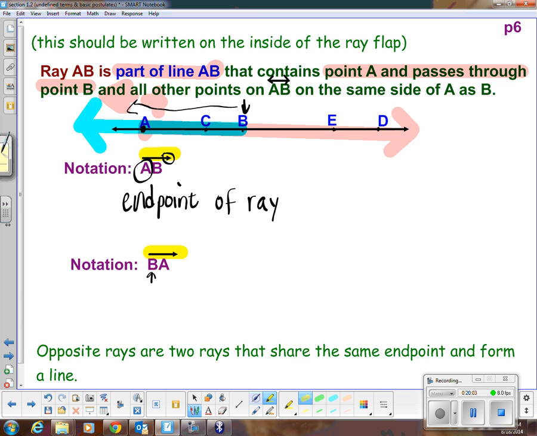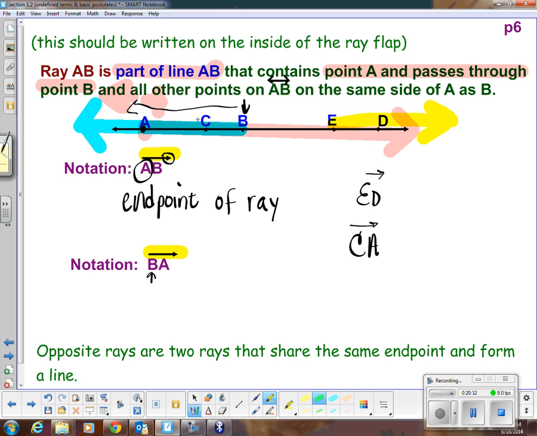If I talk about ray ED, that is going to be the ray that starts at E, which is here, and passes through D, so it's going to go that way forever. That's ray ED. If I want to talk about ray CA, notice my symbol does not change, but it's the order that's important.